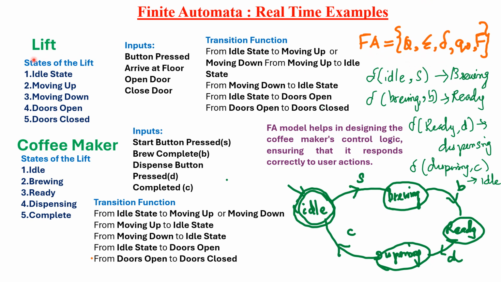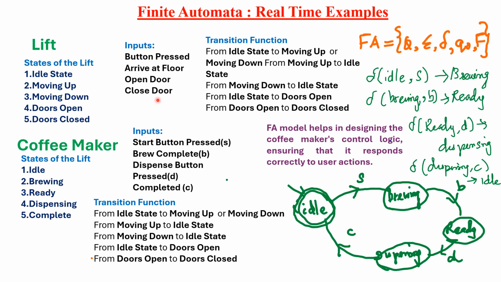For example, the lift: how will the lift work? We use the states: idle state, either moving up or moving down, or doors open and doors closed. So these are the basic activities of the lift. Here, what is the input?